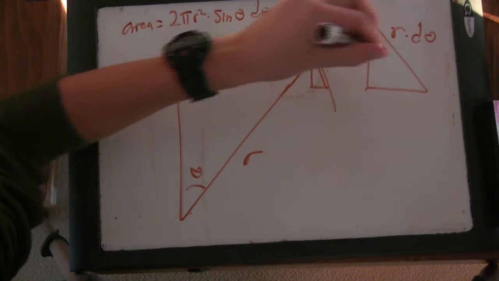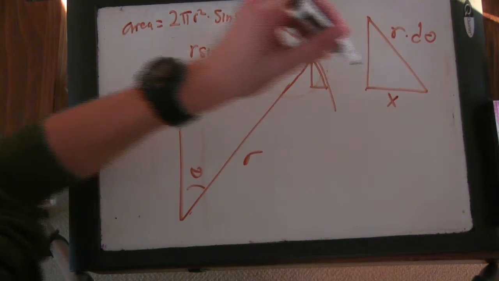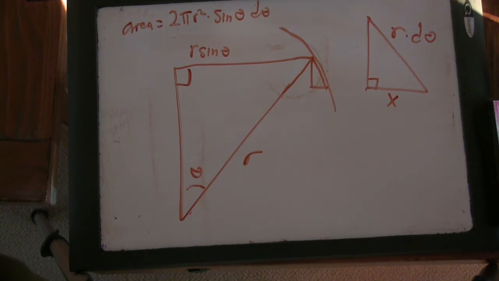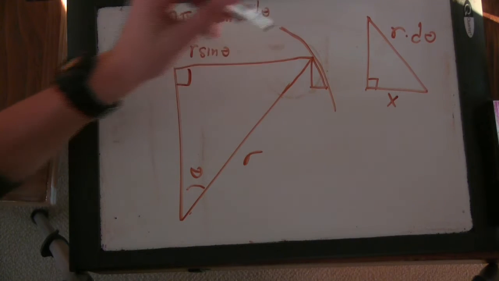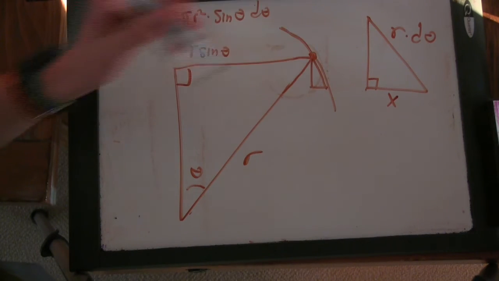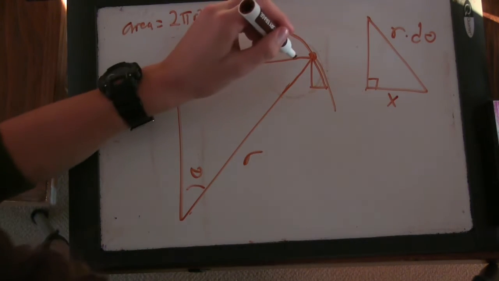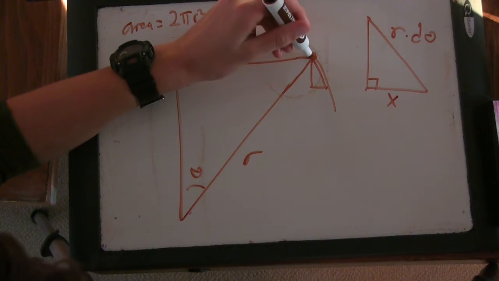That's our projection width, which I'll call x, and it's another right triangle. So we can approximate this r d theta. We can extend it to approximate a tangent to the sphere at this point. So we can say that we have a right angle between this radius and the tangent.